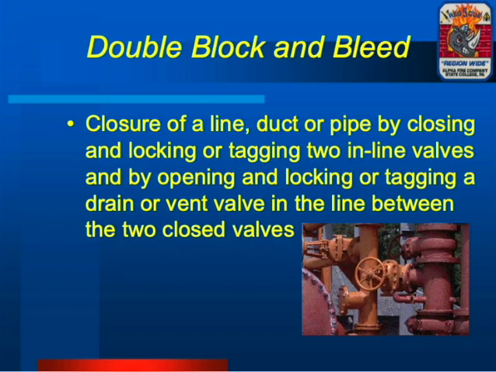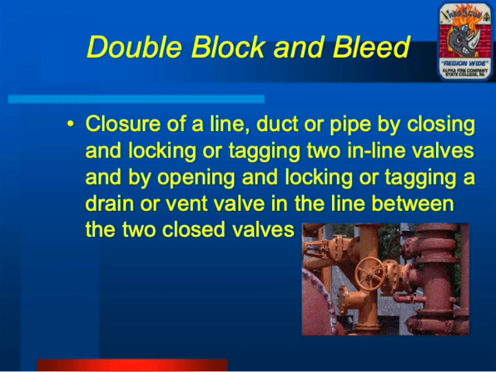Double block and bleed. This is an operation where generally it's going to have 3 different valves. If you look at the lower picture in the right corner, you have 2 horizontal valves. You'll close both of those horizontal valves at the top and the bottom, and then you have 1 valve in the center, and that's going to remove whatever stored pressure is left between those 2 valves.